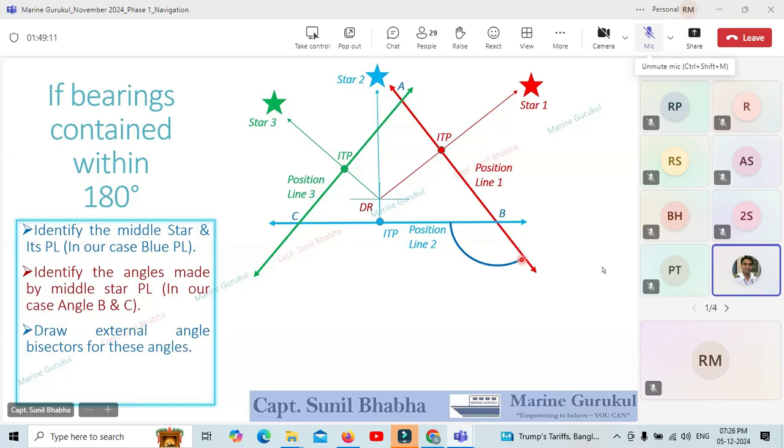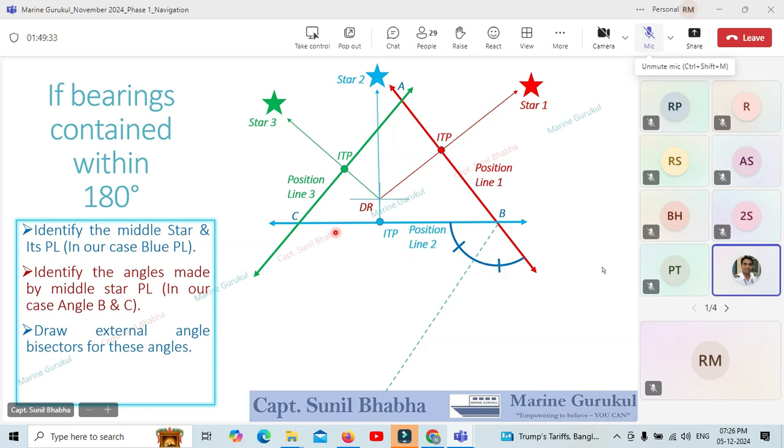So let's draw the angle bisector now. You see the dotted line coming up as the external angle bisector. This is going to divide this angle into two equal parts. So we have the external angle bisector for angle Bravo in our plot.